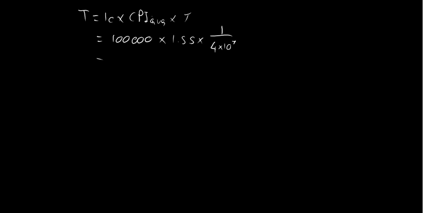And then if we go in and punch this on our calculator, we're going to have 100,000 times 1.55, then all of this times 1 over, open brackets, 40 times 10 to the power 7, which gives us 1 over 8000, which if we leave it in decimal should be 0.0038875 seconds.